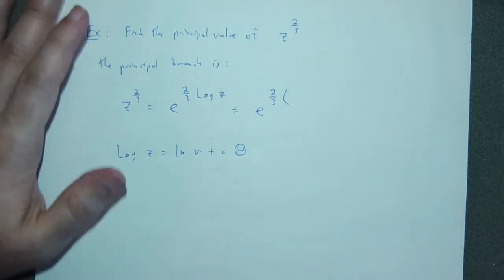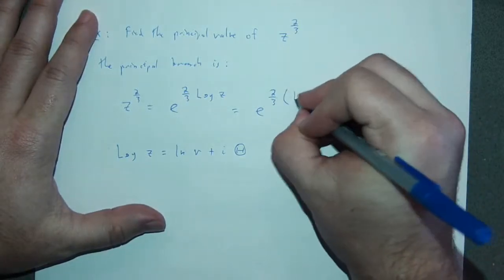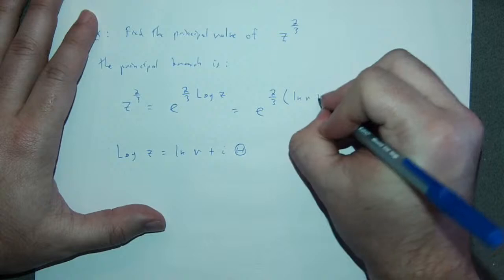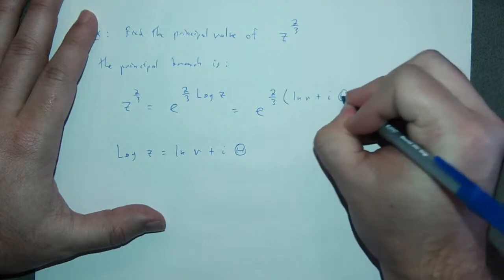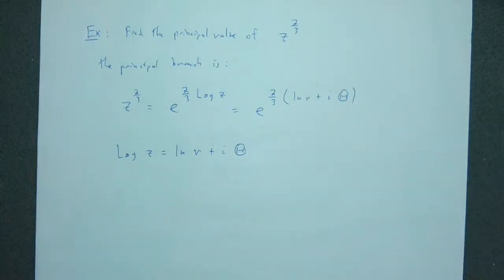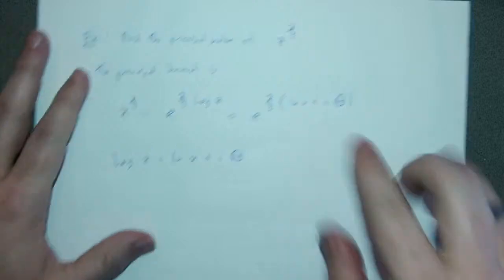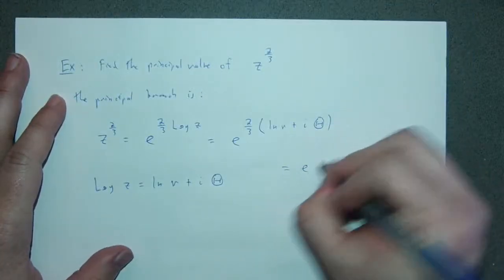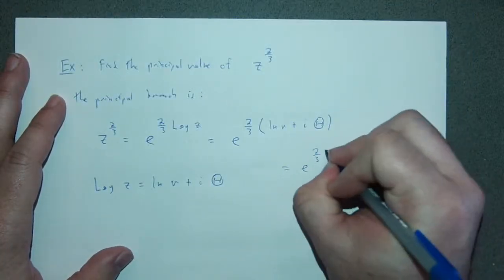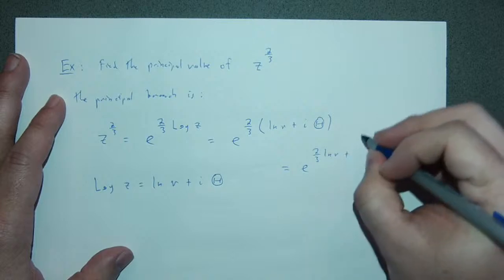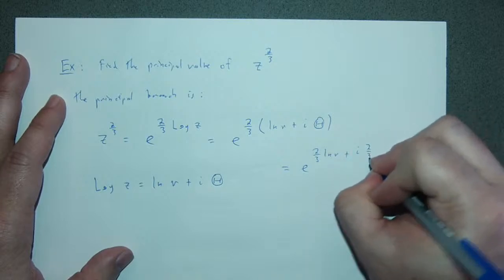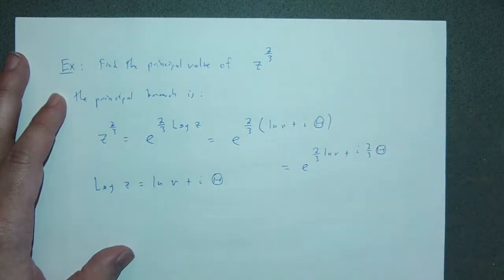This is our normal way of writing this. So this is 2/3 times natural log of r plus I times capital theta here. Okay, so rewriting this, this is e to the 2/3 ln of r plus I times 2/3 big theta.